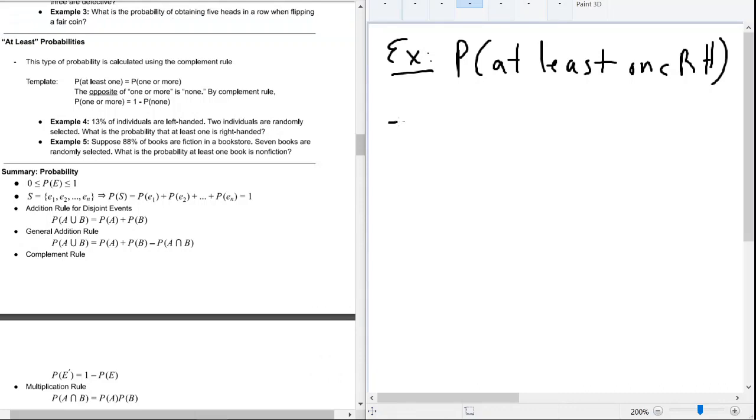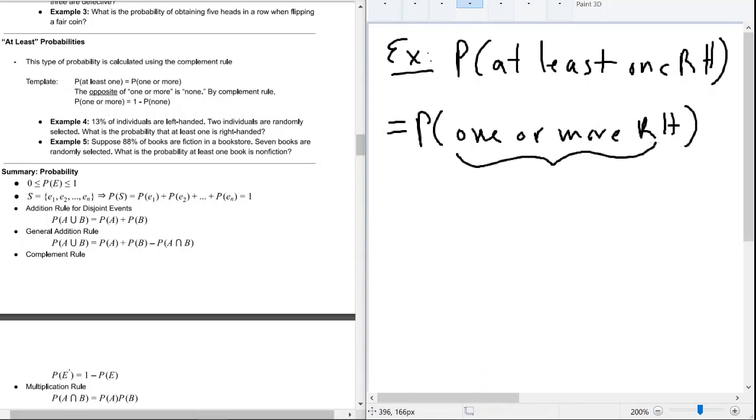Following the template, that means we have the probability that 1 or more are right-handed. Okay, that's following the template. So now we got to think about what is the opposite of 1 or more being right-handed.